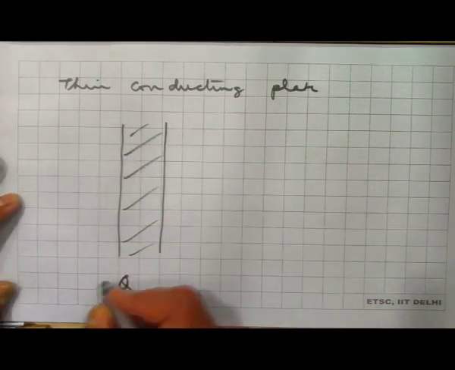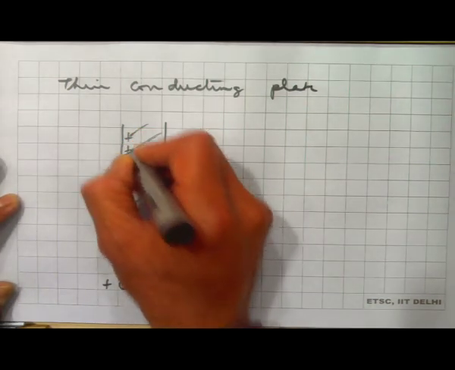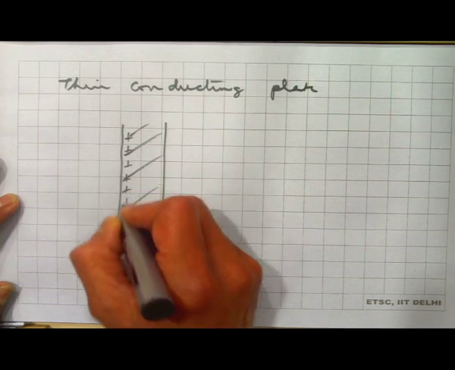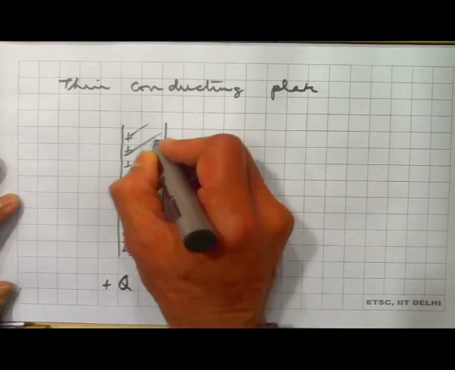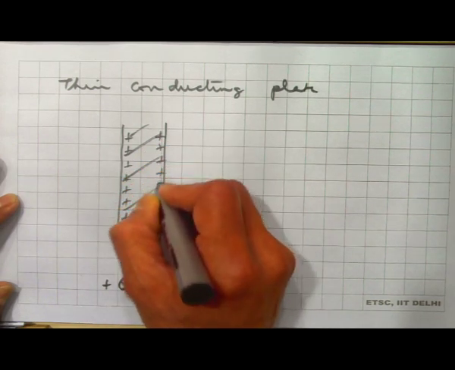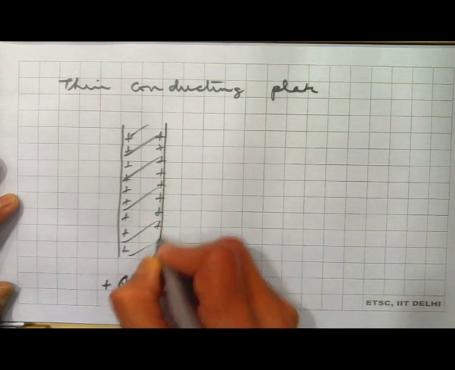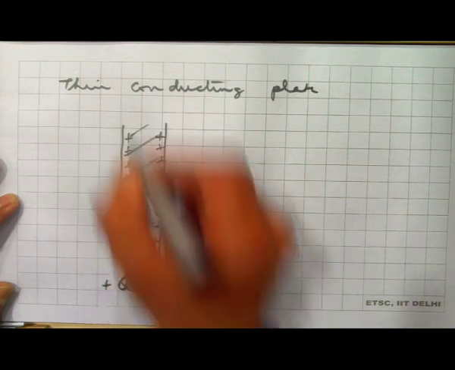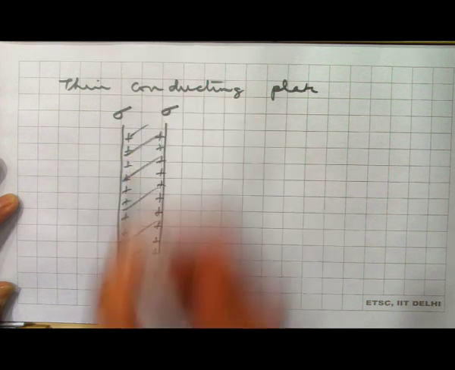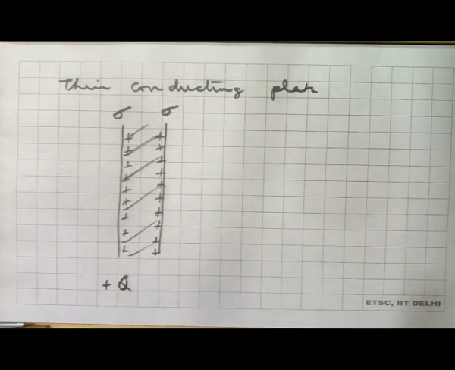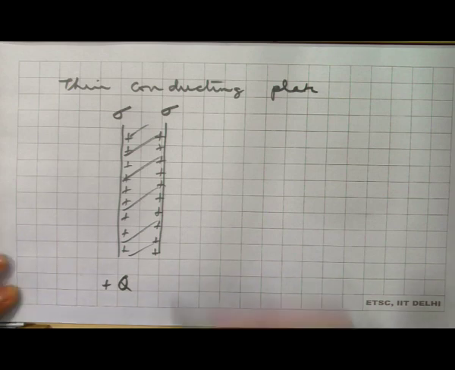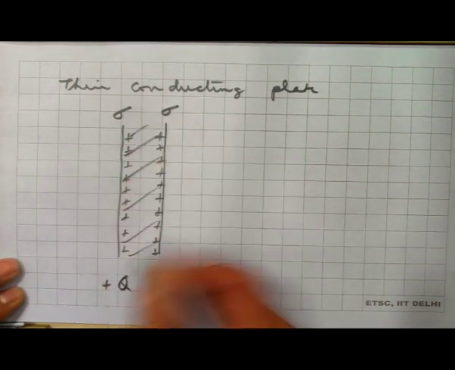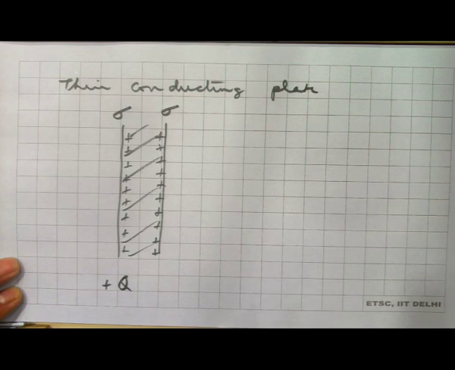As we discussed before, if this is plus q, there are plus charges sitting on this surface and on this surface. It produces some surface charge density sigma here and sigma here, positive charge everywhere. Assume this is a very huge, thin plate, neglecting the ends of the plate, with a surface charge density sigma on the left surface and sigma on the right surface.